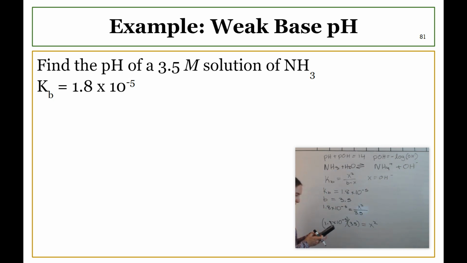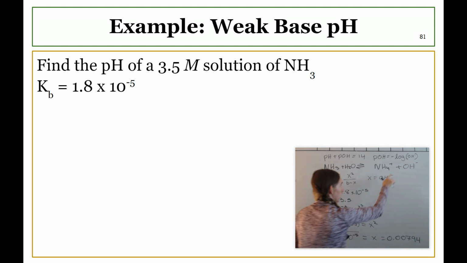So we are going to take the square root of 6.3 times 10 to the negative 5, and that is equal to x. The square root of 6.3 times 10 to the negative 5 is equal to 0.00794. That is equal to hydroxide.